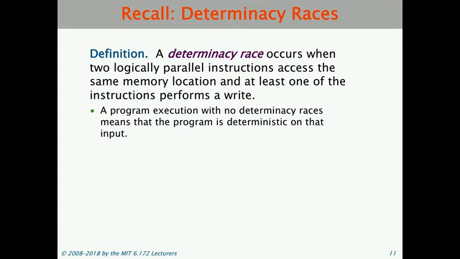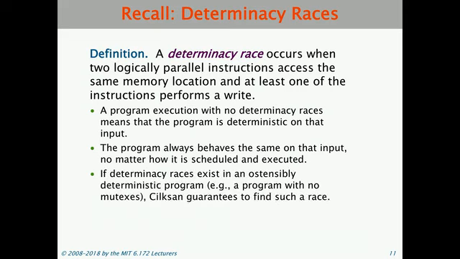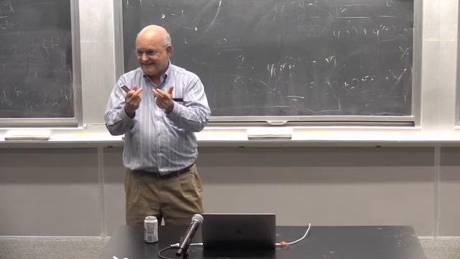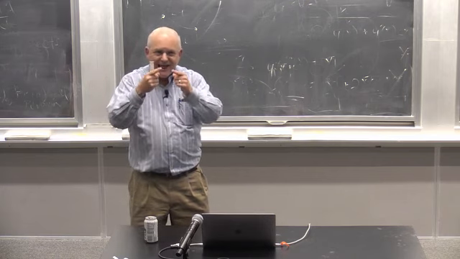If you have no determinacy races, it means that the program is deterministic on that input and it always behaves the same. And remember also that if a determinacy race exists in an ostensibly deterministic program, then the race detector is guaranteed to find it. Now, if you put in mutexes, you still have a non-deterministic program. You still have a race, because you have two things that are logically parallel that are both accessing the lock.